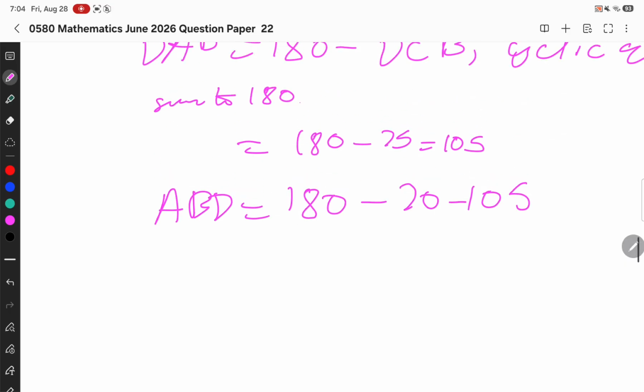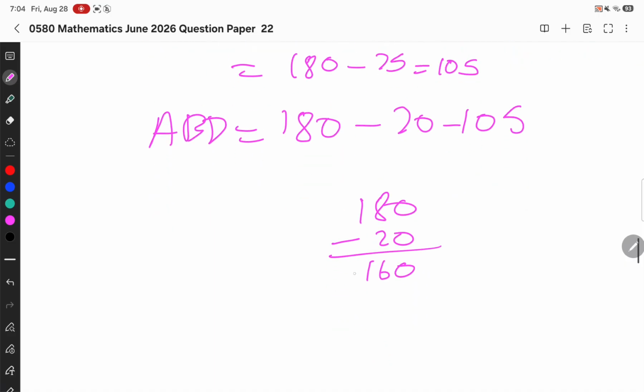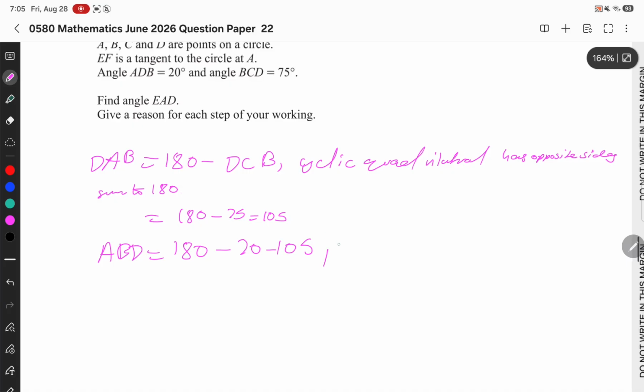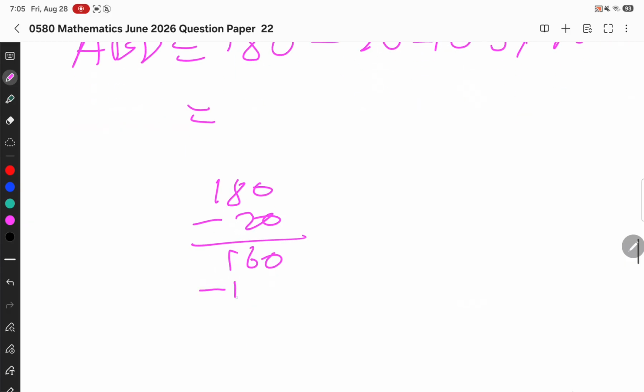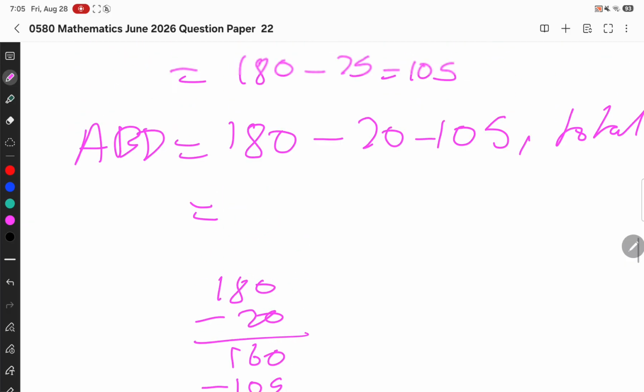I'll go with it. Wait, let me prove it. Okay, yeah, this can be done. This gives us 55. The interior angles in a triangle sum to 180. So it's equal to 180 minus 20 is 160, minus 105 is equal to 55.